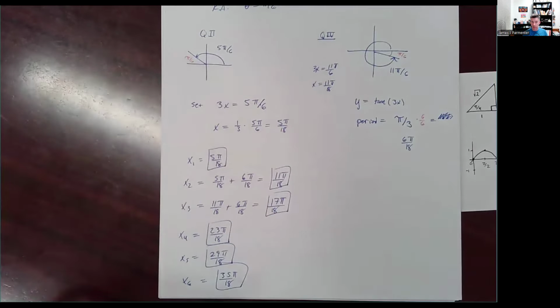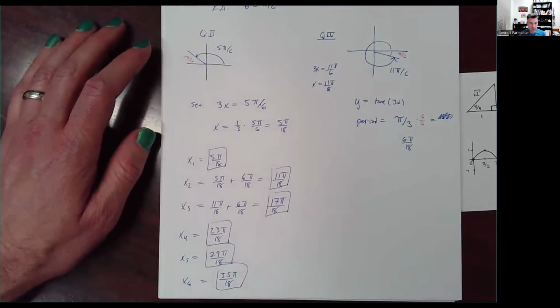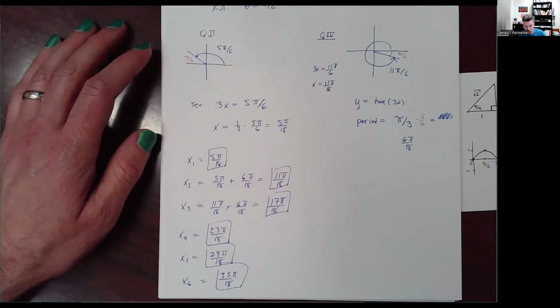Now, let me show you what I mean by how this is working on Desmos. Let me just grab Desmos real quick because I do think this is worthwhile. Sorry, one moment, please. So Desmos here.